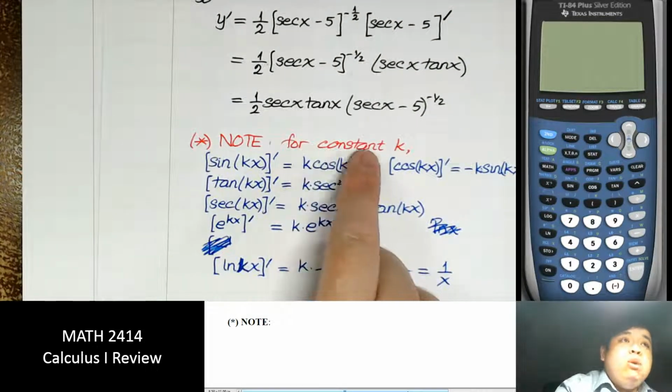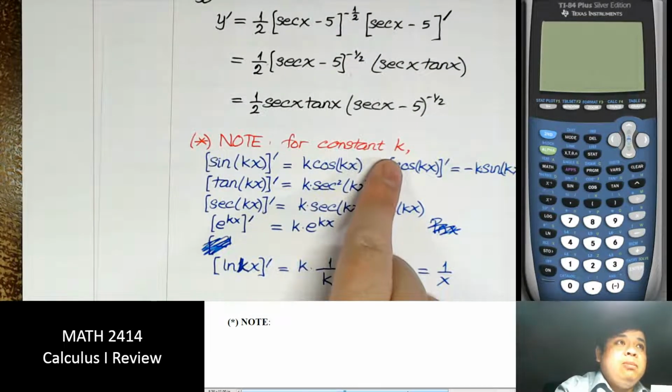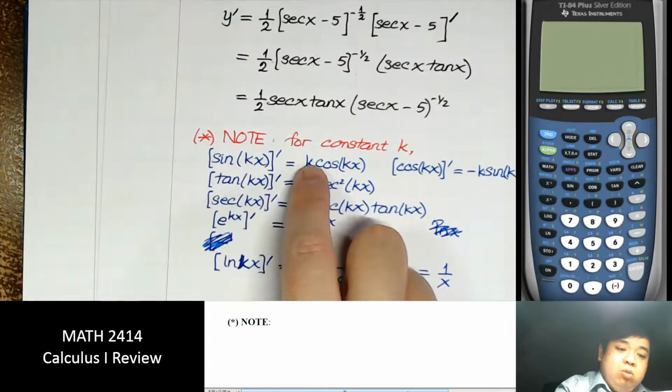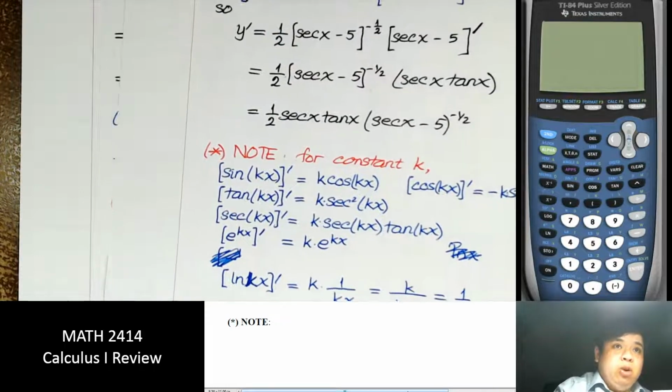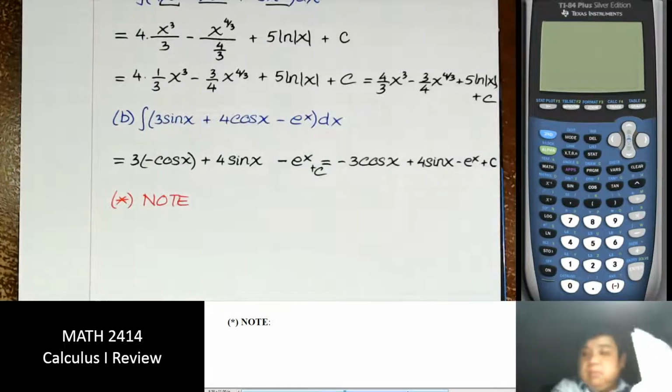What happens if we multiply a constant k into x? On the derivative, we multiply by k in front throughout the problem. So for the derivative, we multiply by k.